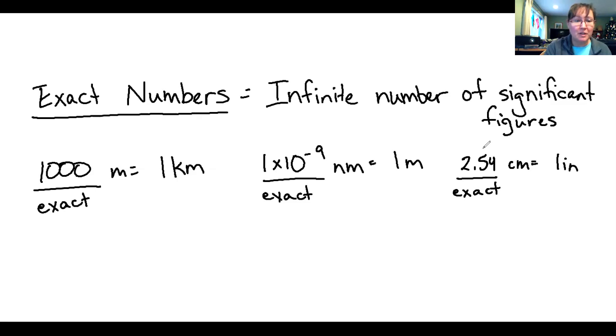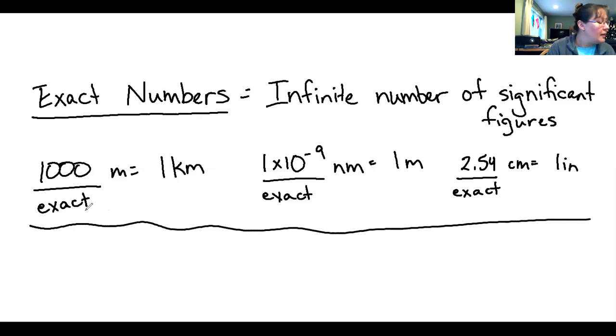For other conversions between systems, let me see if I can find one that I have available. Okay, let's say that I am using the fact that there are 2.2046 pounds in 1 kilogram.